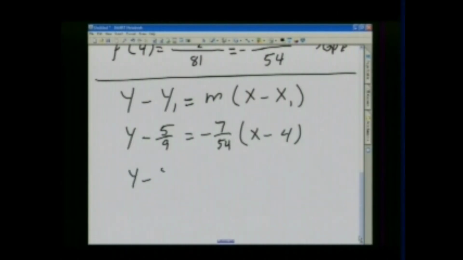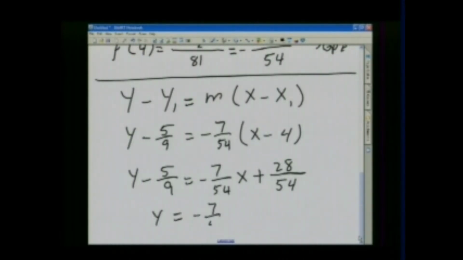So y minus 5/9 equals minus 7/54 x plus 28/54. When you simplify this, y would be equal to minus 7/54 x plus 29/27 after you simplify it.